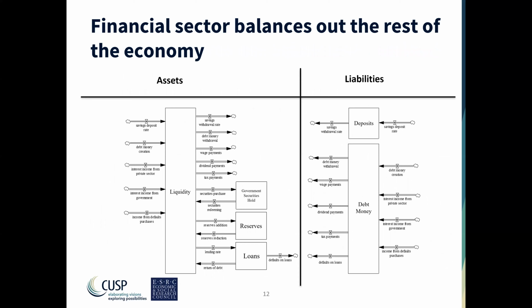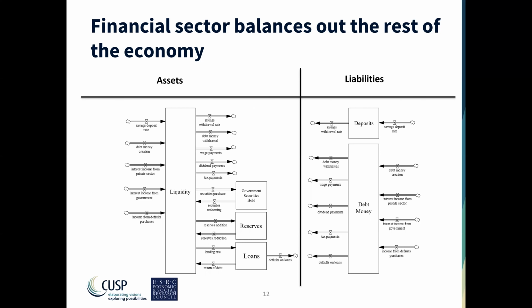This slide shows the balance sheet of the financial sector in stats, that in the ERRE is the aggregate of all banks and central banks put together. As you can see on the right-hand side, the two stocks of liabilities are the household's saving deposit and what we call here tapped money. This was chosen to highlight that the financial sector can print money out of nothing and lend it as loans to the real economy at the cost of interest rates.